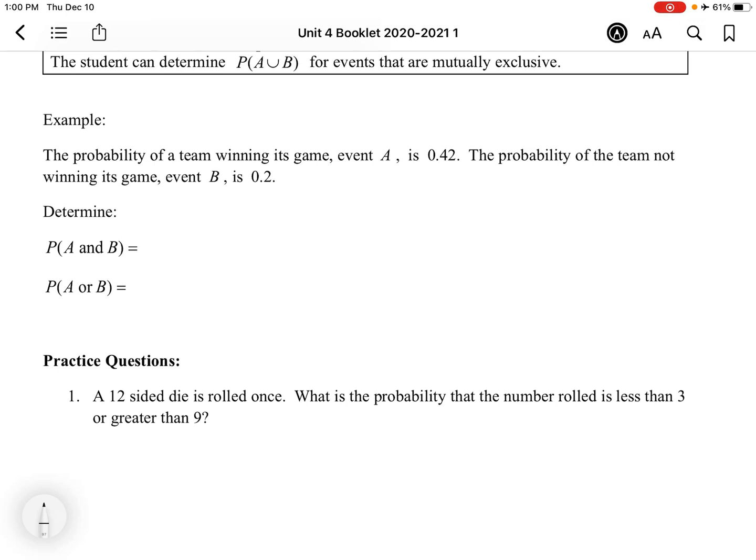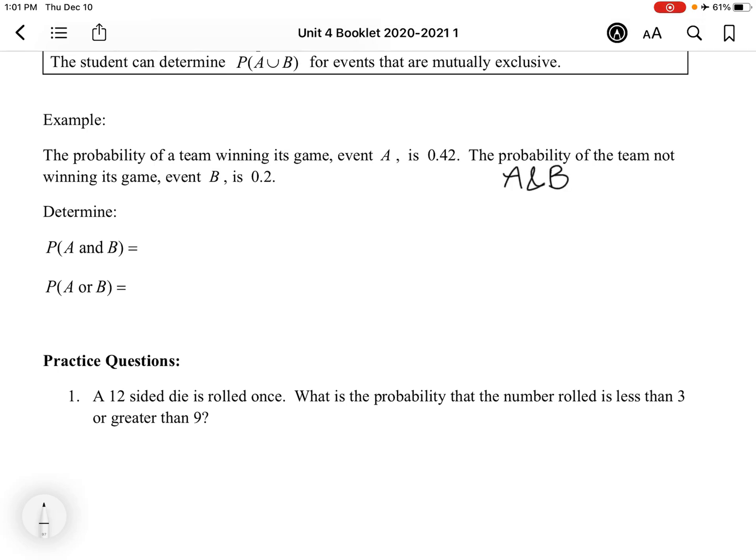Well, to do this, we have to think about, are these mutually exclusive or not? Can you win and lose at the same time? And the answer to that is no. You can't win and lose at the same time.